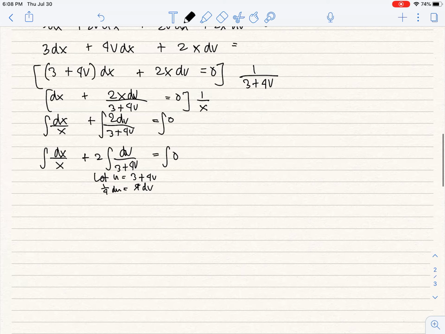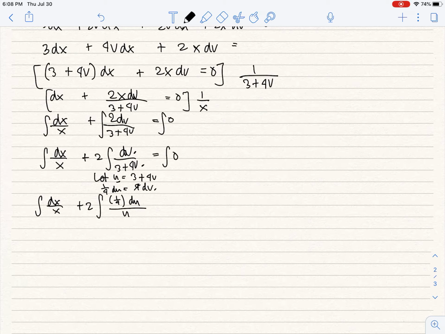Okay, so copy integral of dx over x plus 2 integral of dv is 1/4 du over 3 plus 4v, and 3 plus 4v is just u.